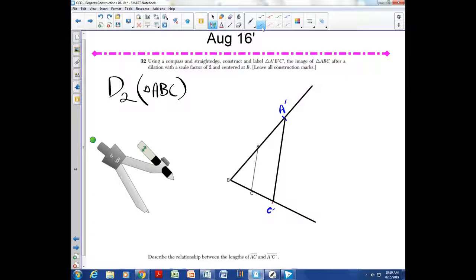So one thing that we could write about the relationship is that side AC to A prime C prime is a 1 to 2. Remember, I'm putting the 1 relates to the AC and the 2 because that's twice, a 1 to 2 ratio.